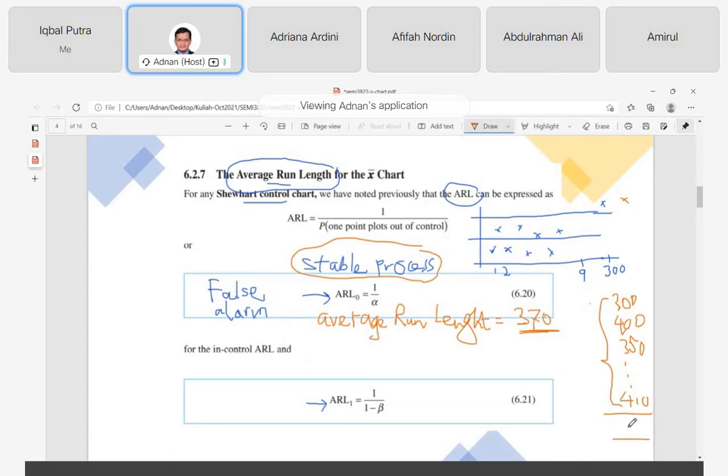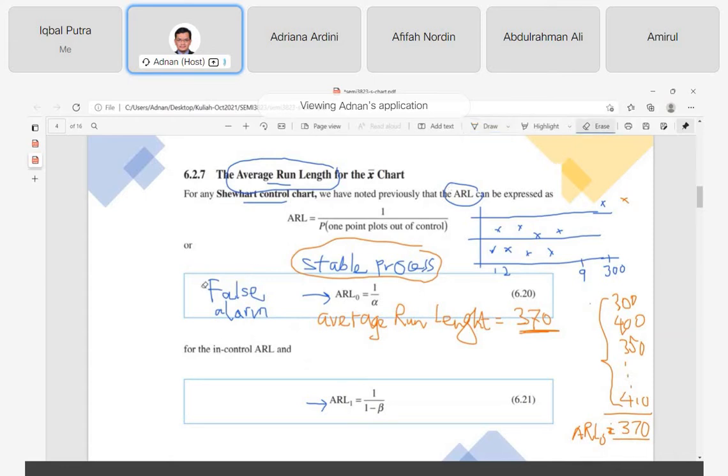So finally, on average, ARL for a stable process, we call it ARL node, is equal to 370. How can we prove this theoretically? Theoretically we can prove it.